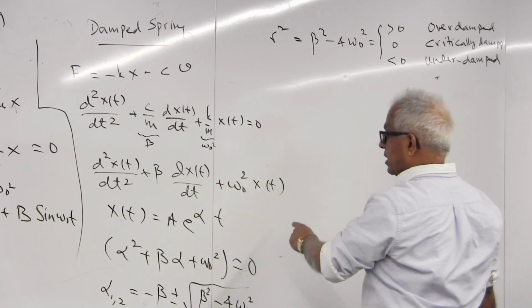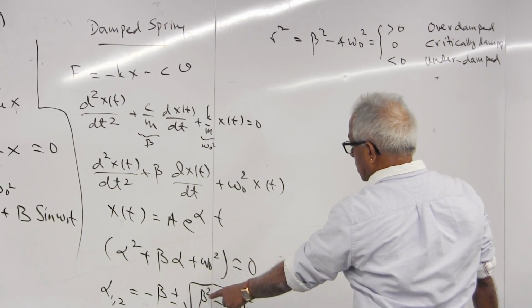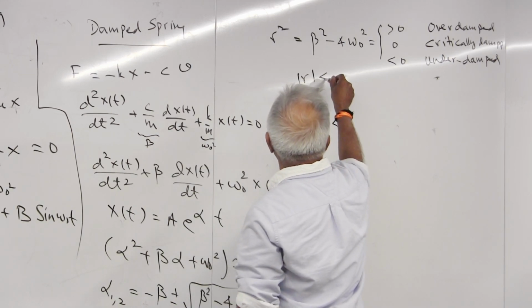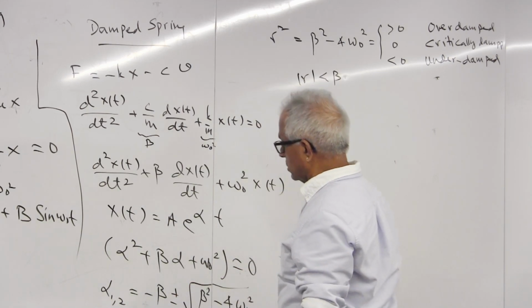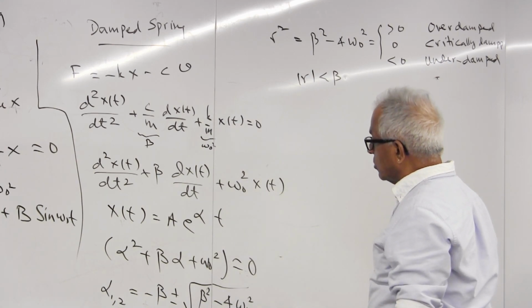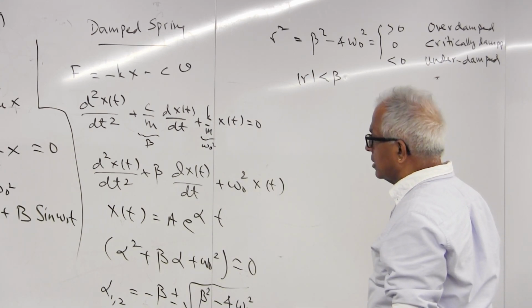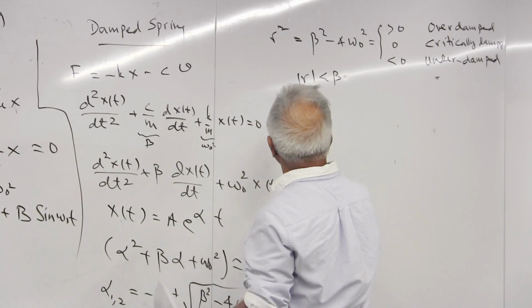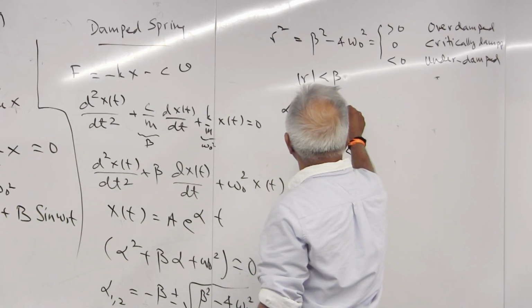In any case, gamma will always be less than beta in magnitude. So if beta is positive, then it will decay.